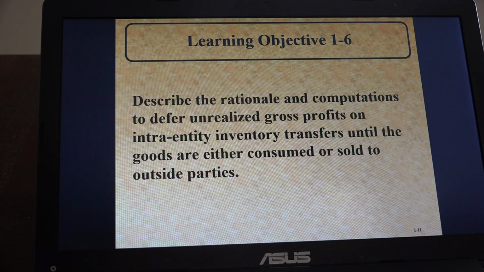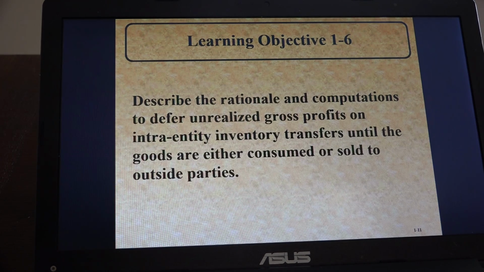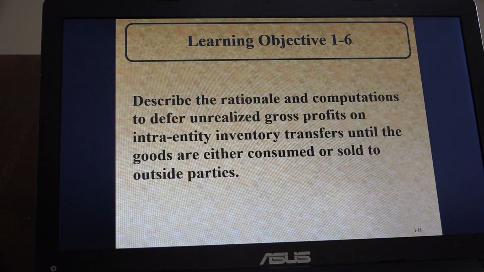As it says, because of the relationship between the investor and the investee, the seller of the goods is said to retain a partial stake in the inventory for as long as the buyer holds it. So notice that this is reporting that the investor has to do on their books, regardless of whether they're the one selling the inventory to the investee or the investee is selling the inventory to the investor.